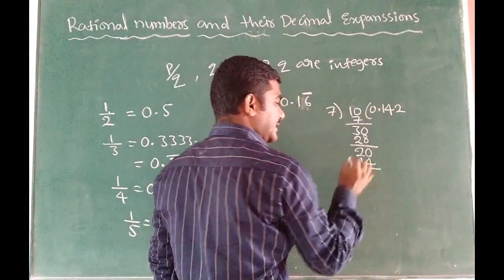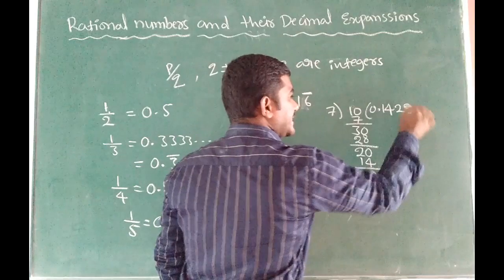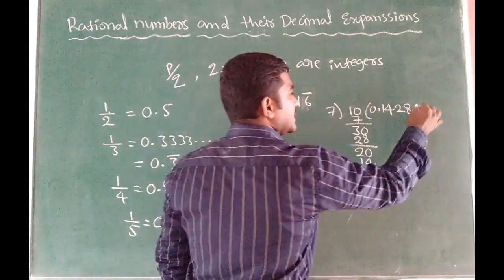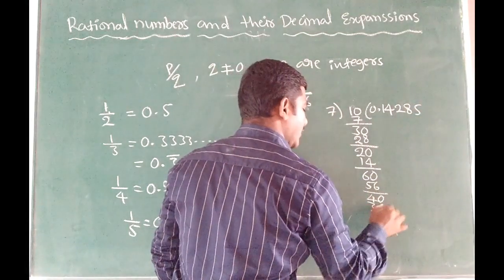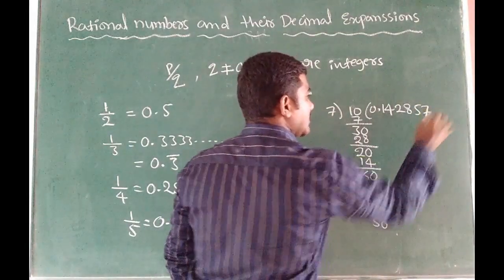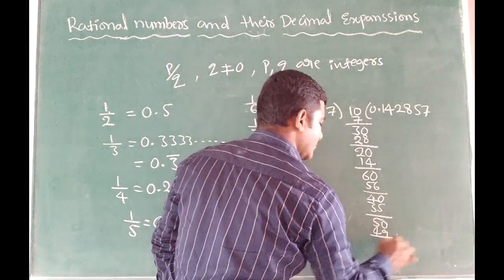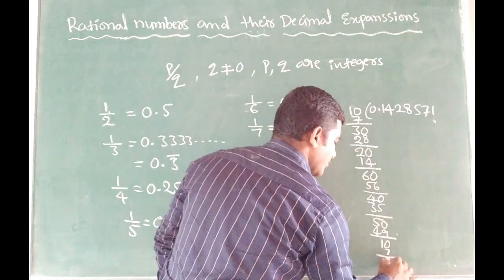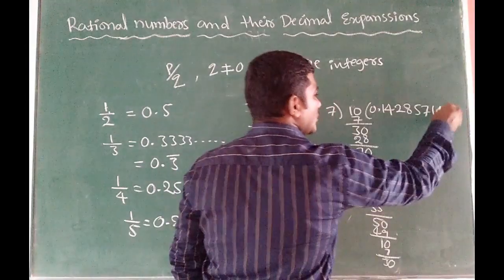Next remainder is 6. 0, 7 eights are 56, remainder is 4. 0, 7 fives are 35, remainder is 5. 0, 7 sevens are 49, remainder is 1. 0, 7 ones are 7. Next 3. 0, 7 fours are 28.